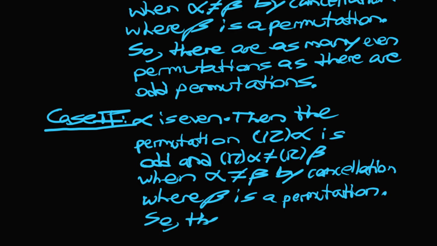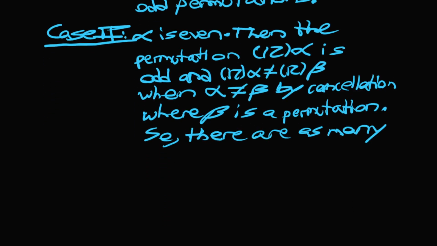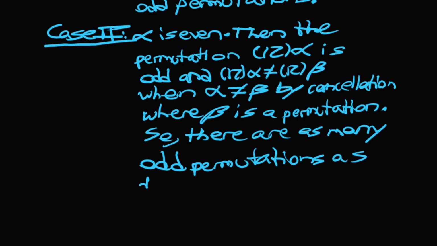So there are as many odd permutations as there are even ones.